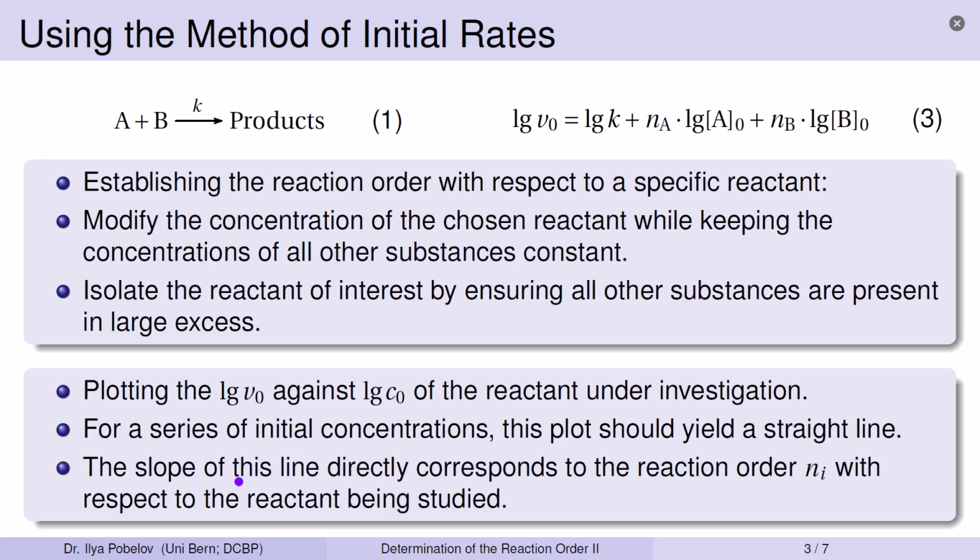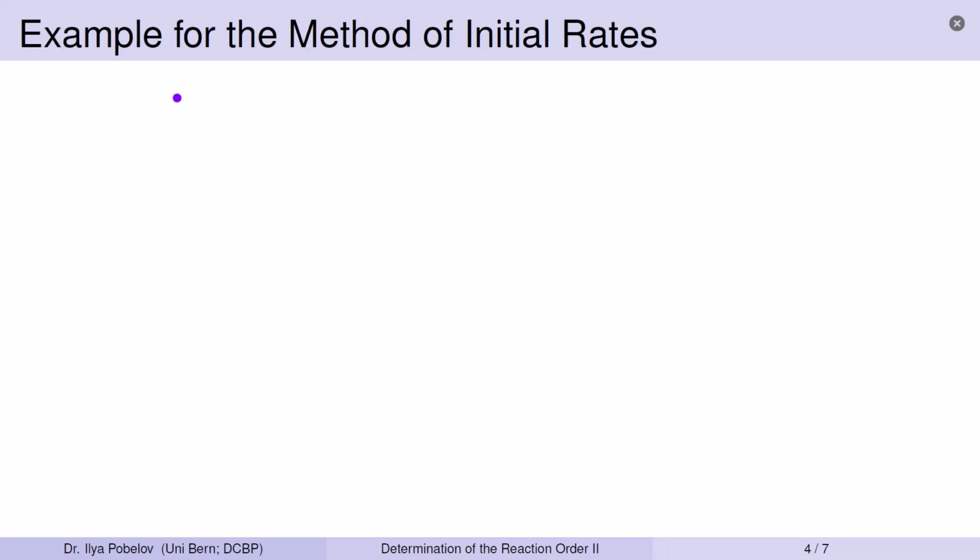The slope of this line is crucial as it directly corresponds to the reaction order with respect to the reactant being studied. In this slide, we will show an example that will help us to understand how to determine the reaction order using the method of initial rates.